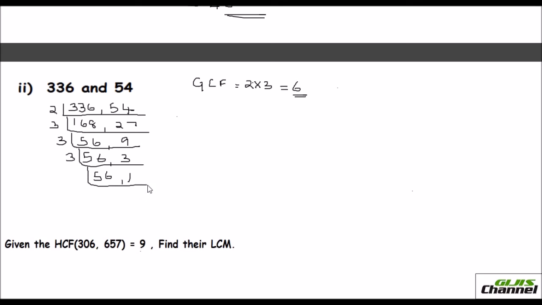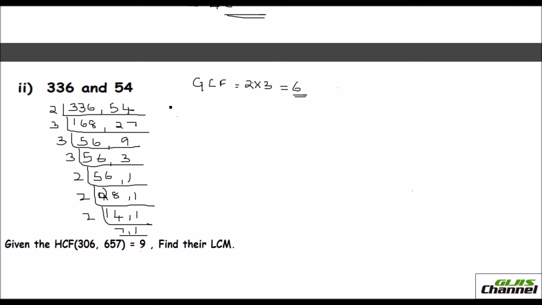Now let me divide the 56 by 2 because it's an even number. So that will be 28 and 1. Again I can divide by 2. That gives me 14 and 1. Again divide by 2. You get 7 and 1. We can stop here because 7 is a prime number.